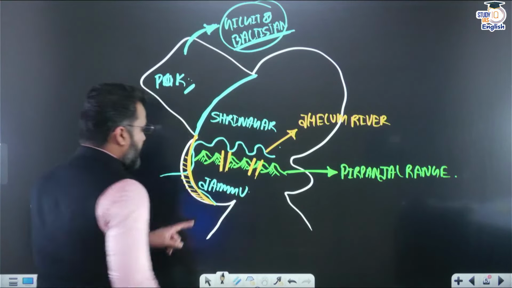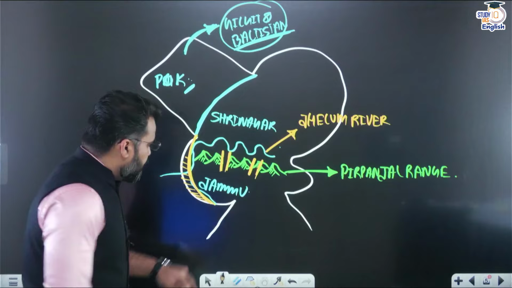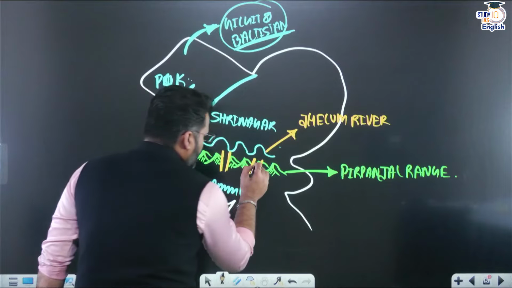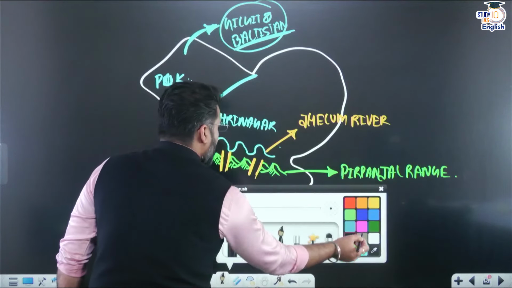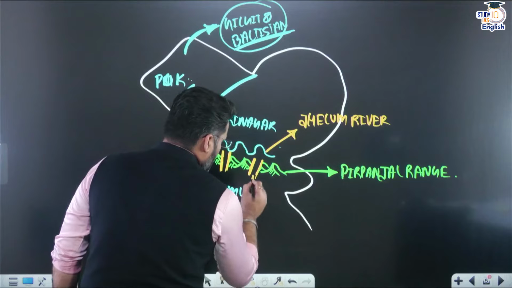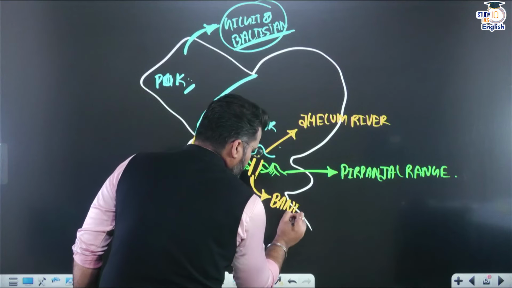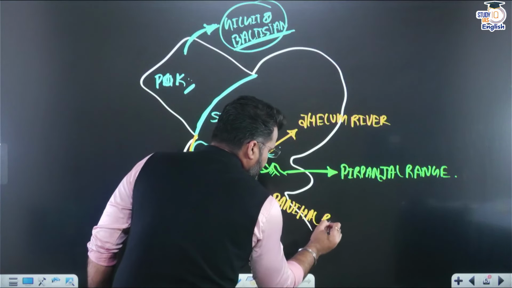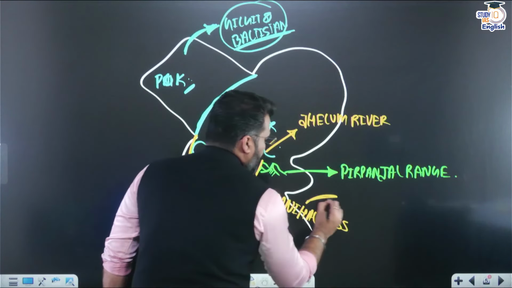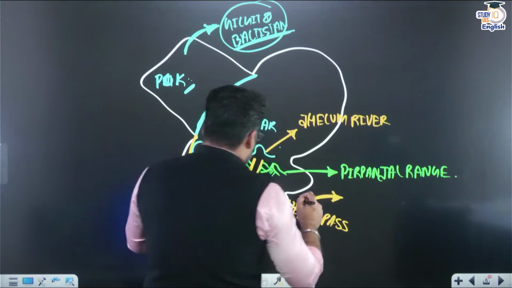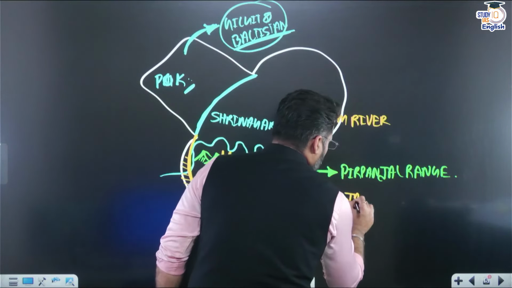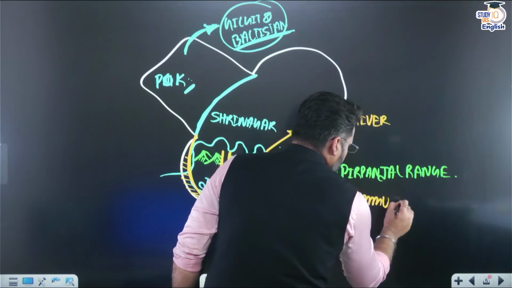It does not provide entry from Jammu up to Srinagar. The only pass which provides year-long connectivity, make sure of the statement, is Banihal Pass. This pass connects Jammu with Srinagar.